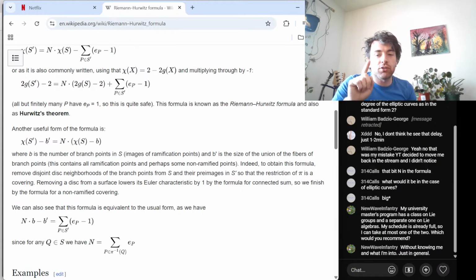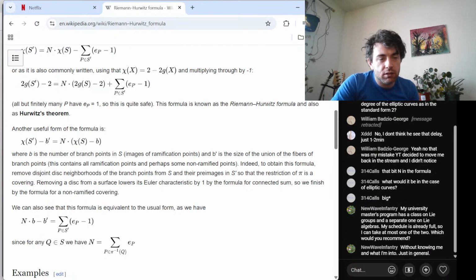So this doesn't answer the question of which one you should take, but I would highly recommend that, if you can only take one, you at least sit in on the other one. At least just go to lecture and listen to what's happening, because these courses pair together so well that it would really be a tragedy to not attend lectures for both. So I definitely recommend you go sit in on the one that you end up not taking.